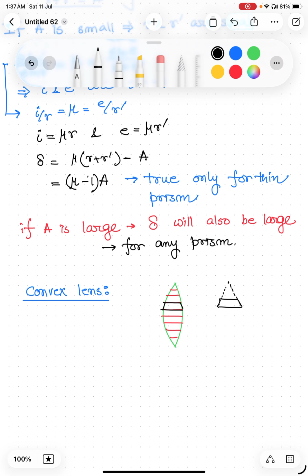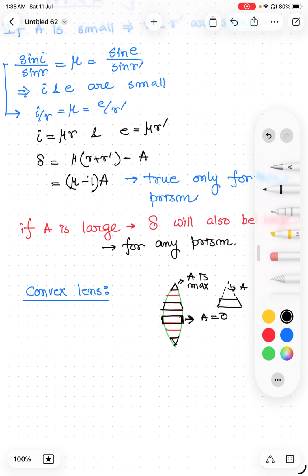Now, if I take this part at the edge, the angle of prism will become largest. Actually, A is maximum here and here. And A will be 0 in the middle because these two planes will be parallel planes. But I already know that when a light ray is incident at a prism with large A, the light is going to get deviated maximum.